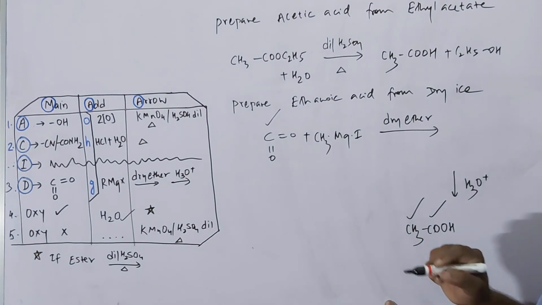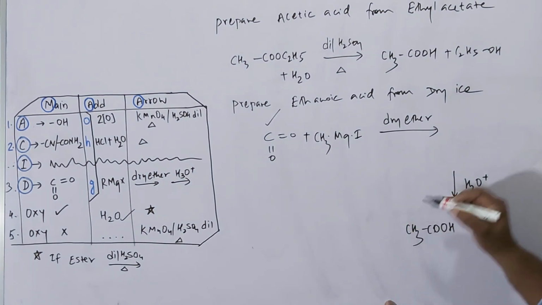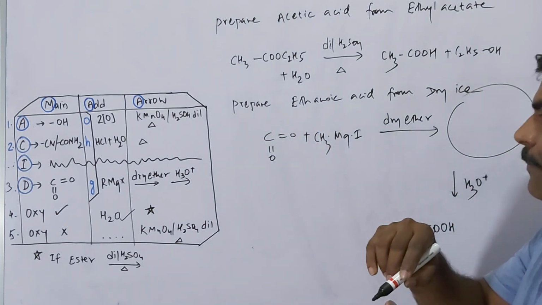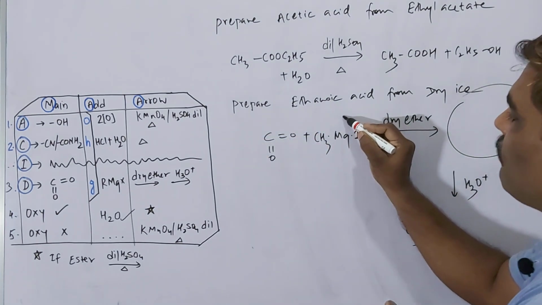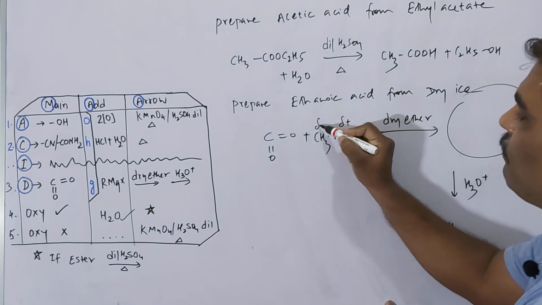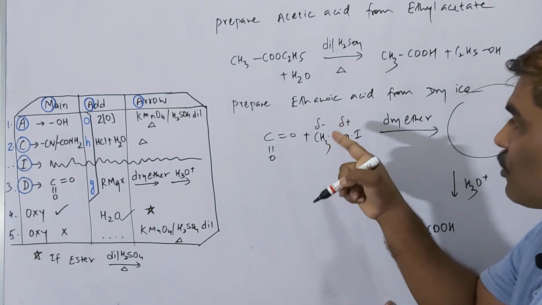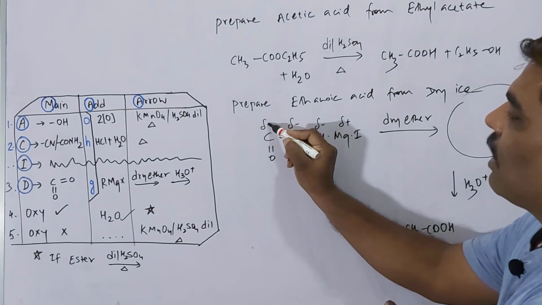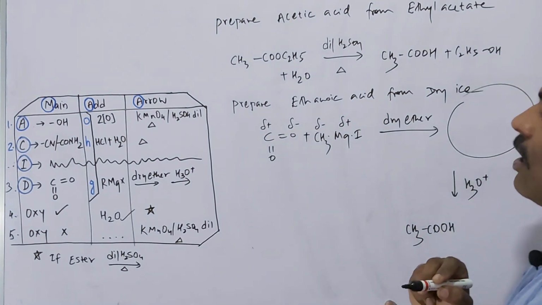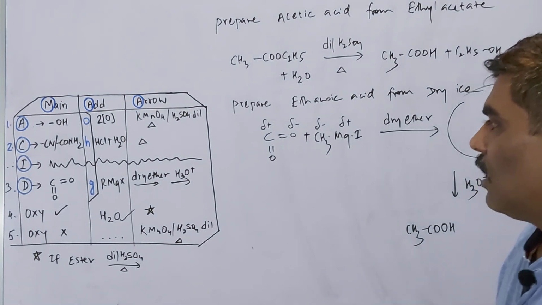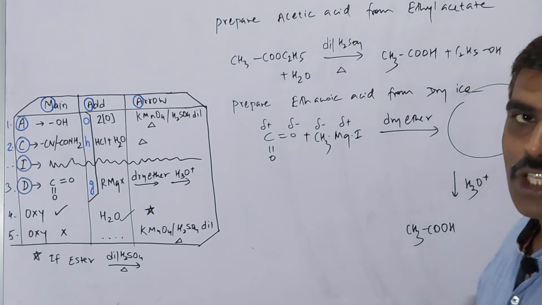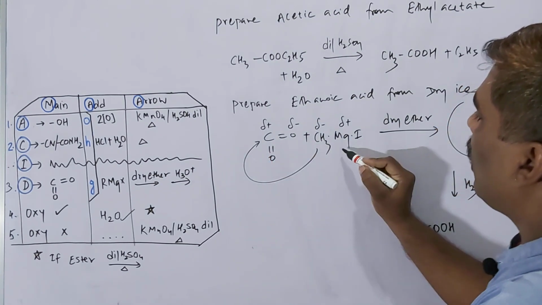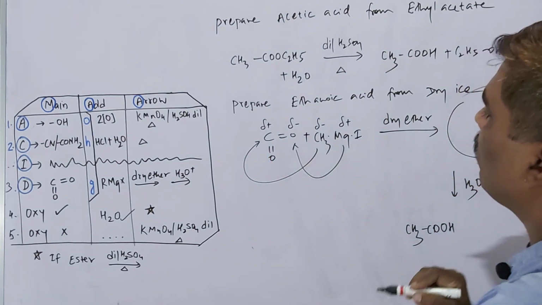Now we'll see how to get this magnesium intermediate complex. As you know, the metal has fractional positive charge, and the other has negative charge. Oxygen has negative charge, and this carbonyl carbon has fractional positive charge. So negative goes to the positive, and positive goes to the negative.